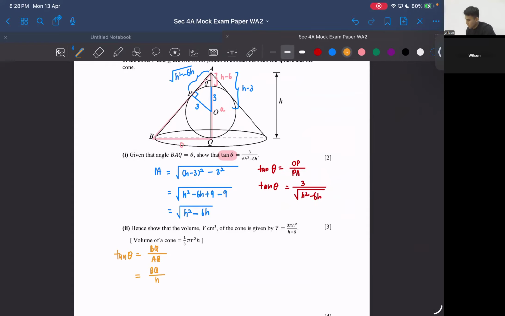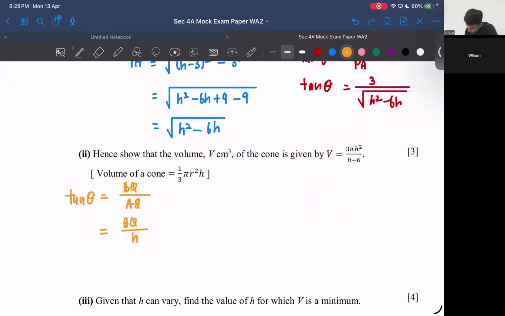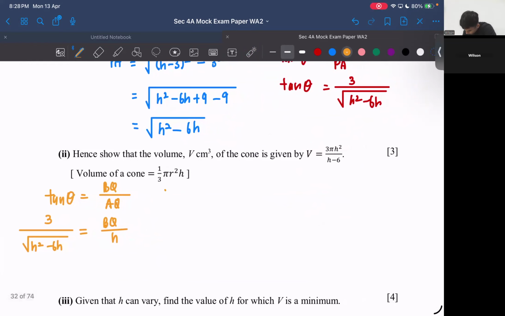Now, we already got an expression for tangent theta, which is this. So I can write this down. This is H squared minus 6H over here. So my BQ is equal to 3H over the square root of H squared minus 6H.